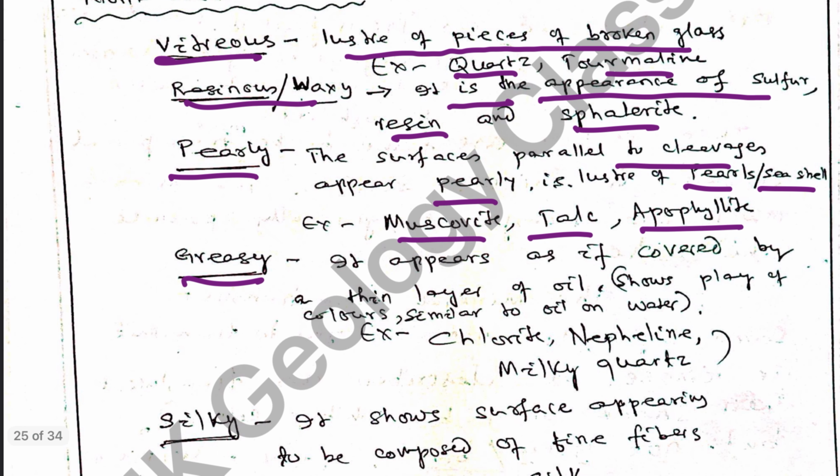Greasy luster, it appears as if it is covered by a thin layer of oil, as we see in case of nepheline, chlorite, milky quartz. And this type of luster shows play of colors similar to oil on water, greasy luster, oily luster.